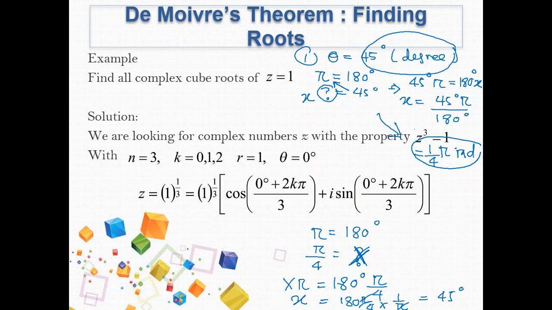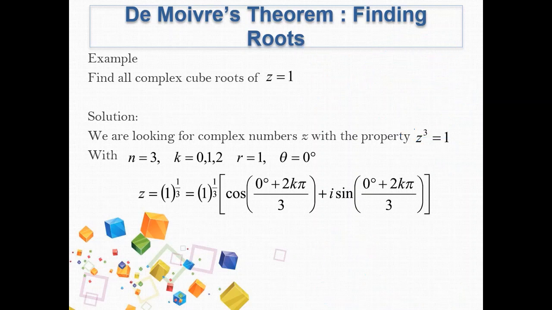Okay, I'm going to clean this. I delete this, and we will concentrate on the example. For this example, you need to find all complex cube roots of z equal to 1.